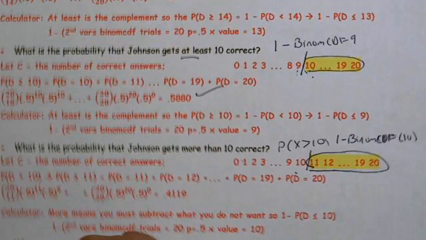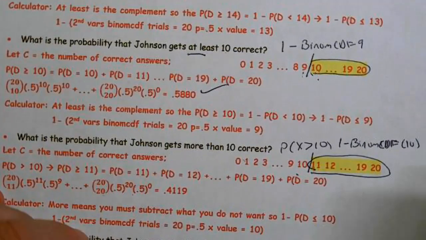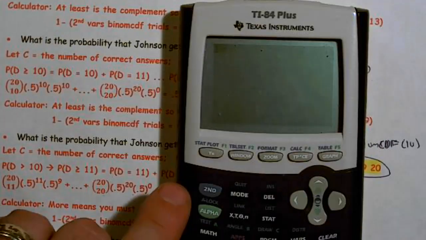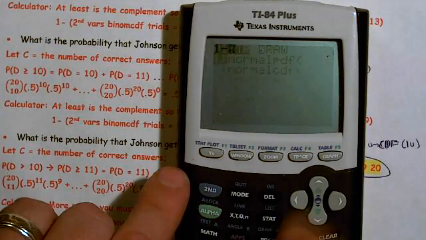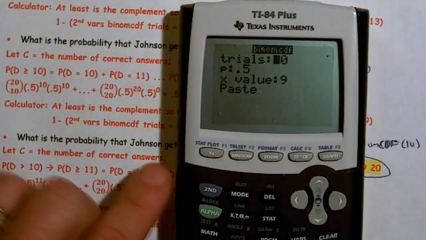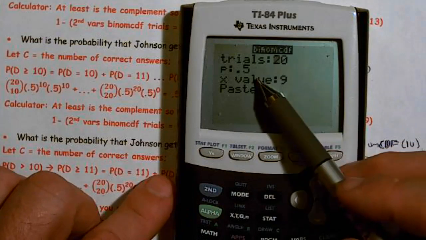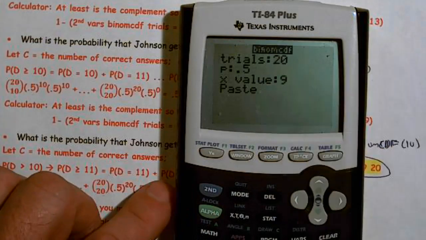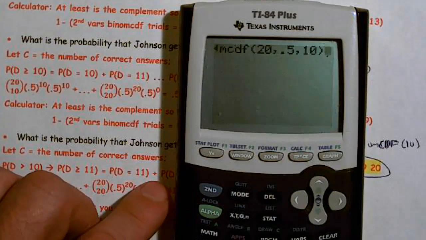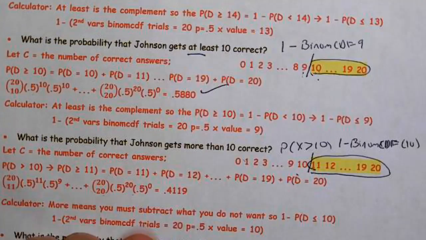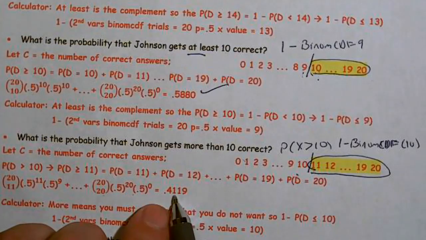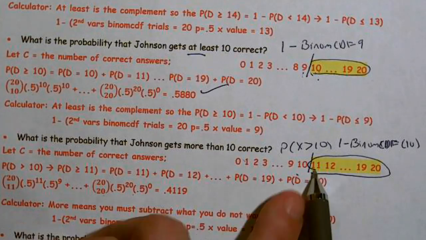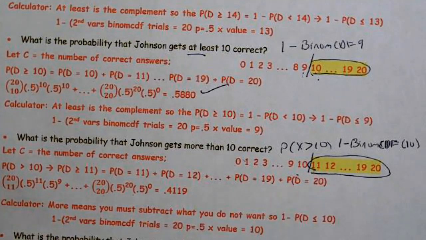So 1 minus the binomial CDF of 10. So 1 minus 2nd VARS, binomial CDF, trials is 20, probability is 0.5, and my X value is 10. And I end up getting 0.4119. That's the probability of getting more than 10. That's the probability of getting greater than a 50 on this test.